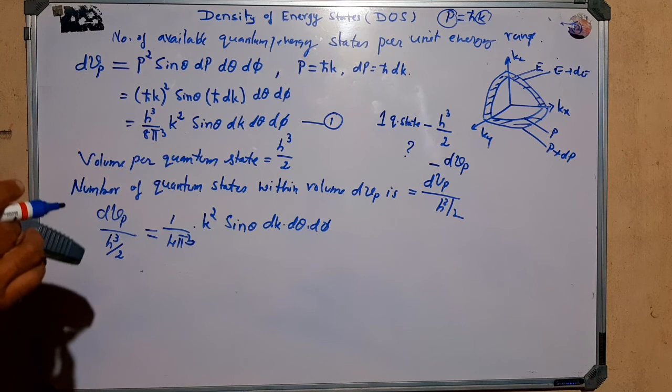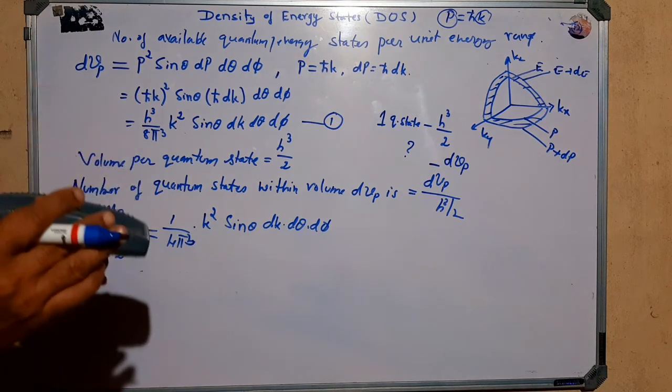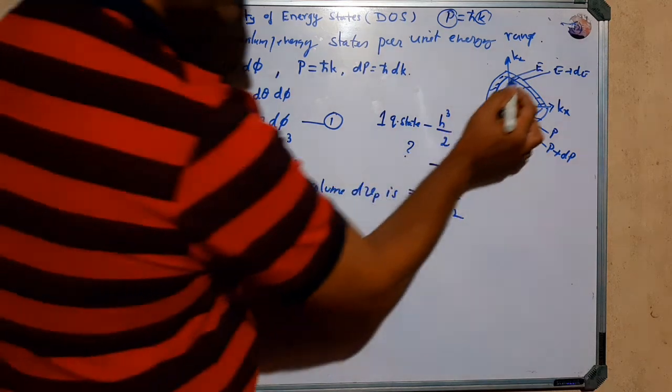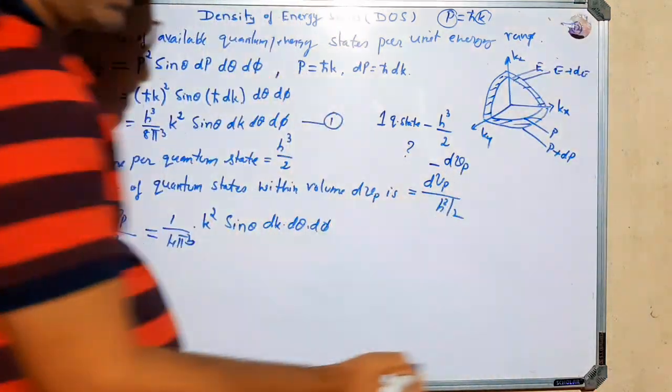What is this dVp? It is the volume enclosed between E and E plus dE.